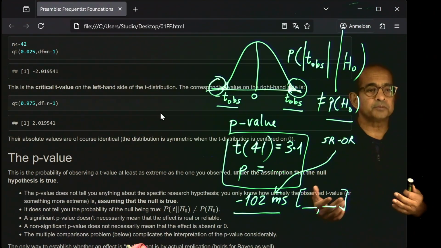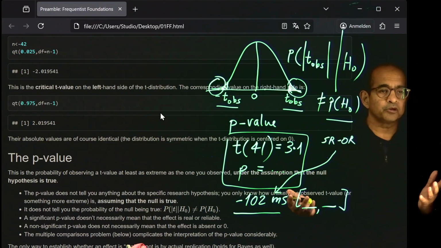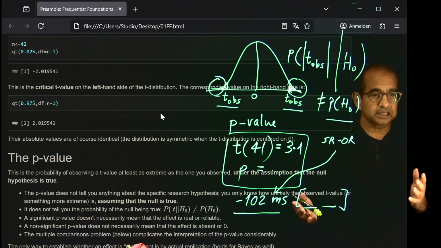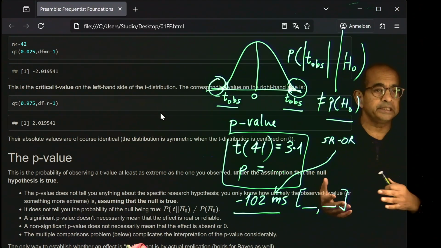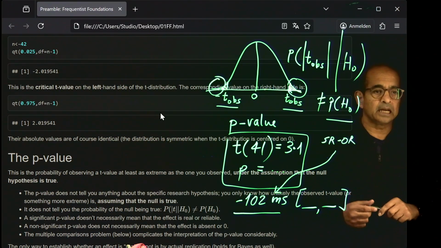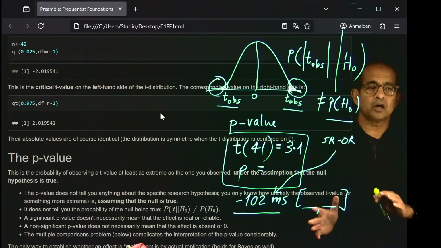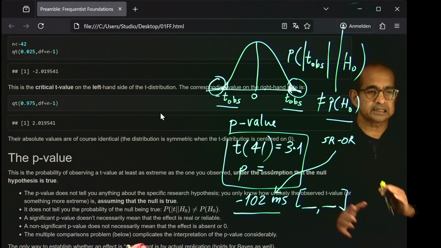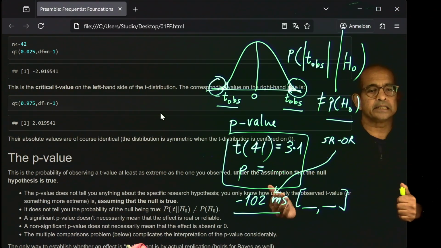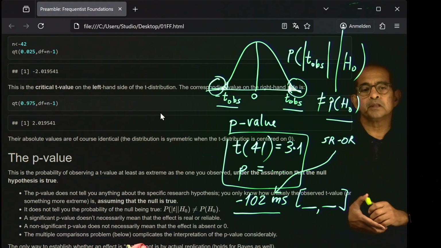So it's a very common mistake, when you get a p-value larger than 0.05, to argue that you have found evidence for the null. That's not necessarily true. That could be argued in certain cases, in certain situations, but I'll talk about those later on. So you have to be careful about what the p-value does and does not do for you, and as long as you don't get misled by the meaning of the p-value, you're good to go, right?